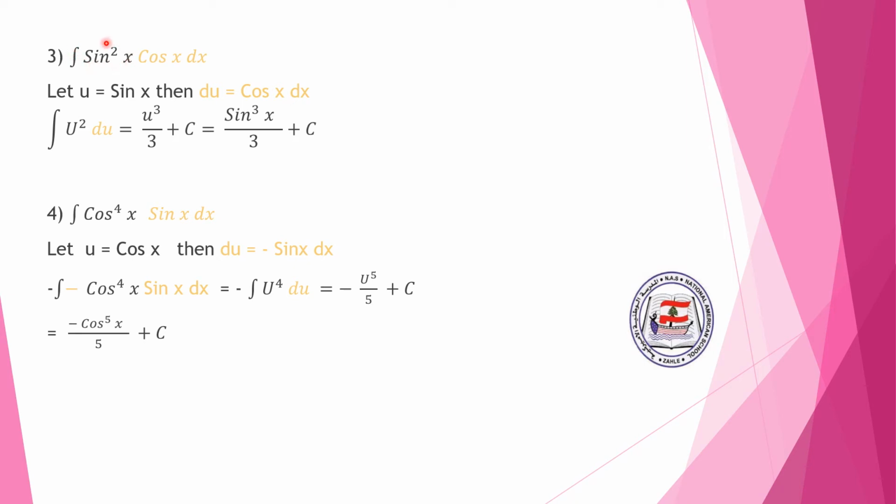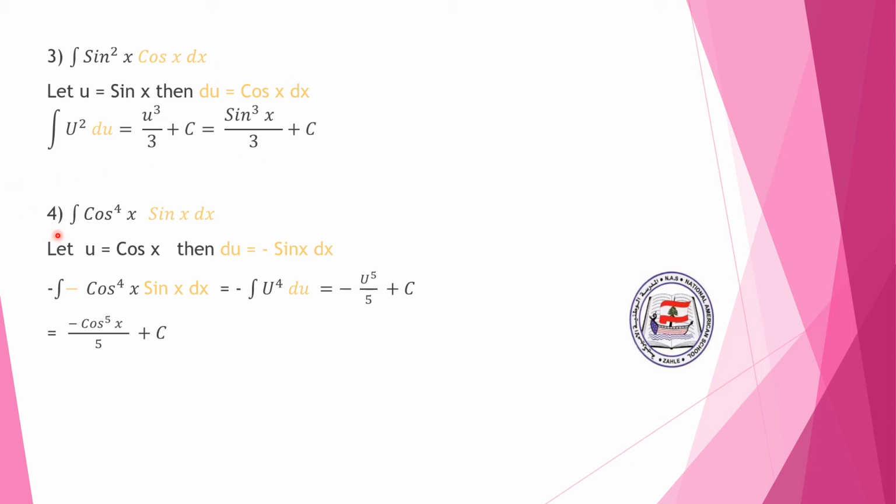So replacing directly in the given integral, we get integral of u squared du. The answer of this integral is u cubed over 3 plus c. At the last step, replace u by the expression in terms of x. We get the answer sine cubed x over 3 plus c.